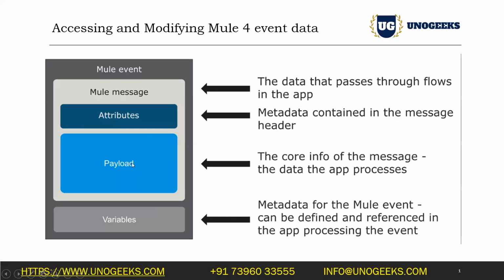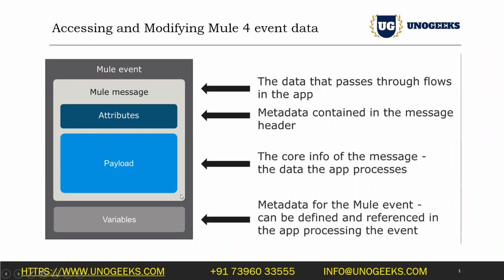And then you see a payload. This is actually what you are passing, what data you are passing. That we will be calling payload. And then come the variables. Every application or programming language will have variables to store some data to reference it in the future. That is how variables come into the picture.